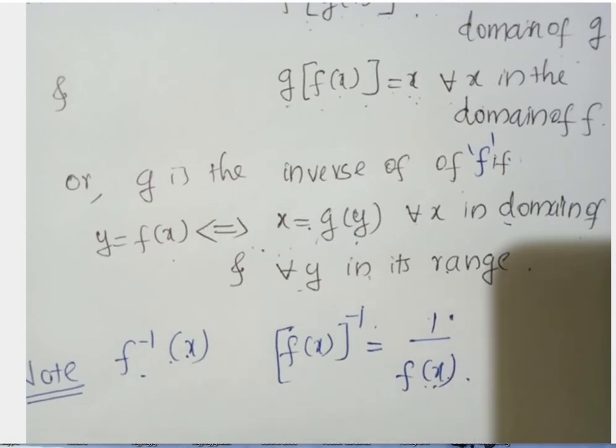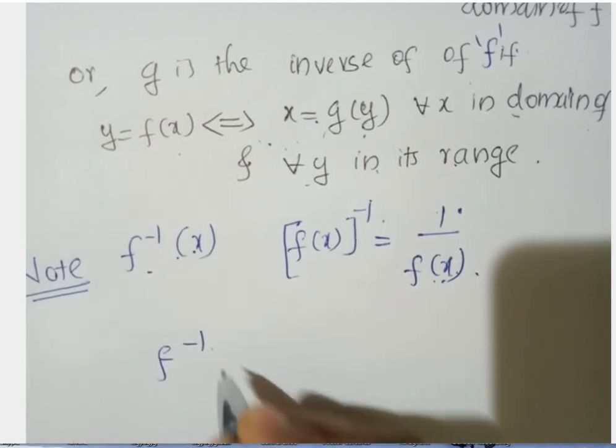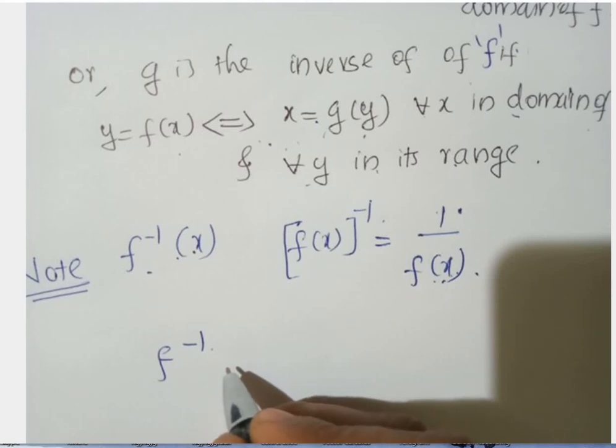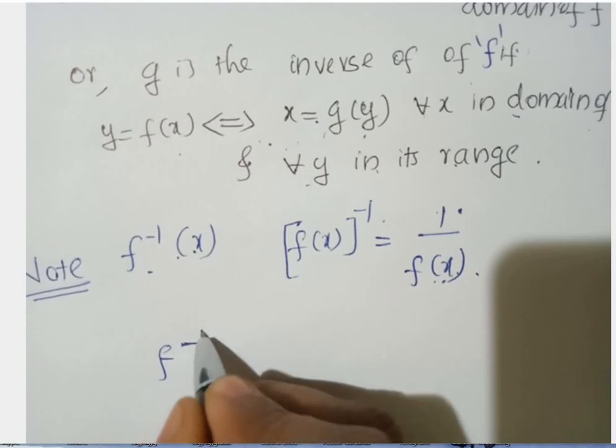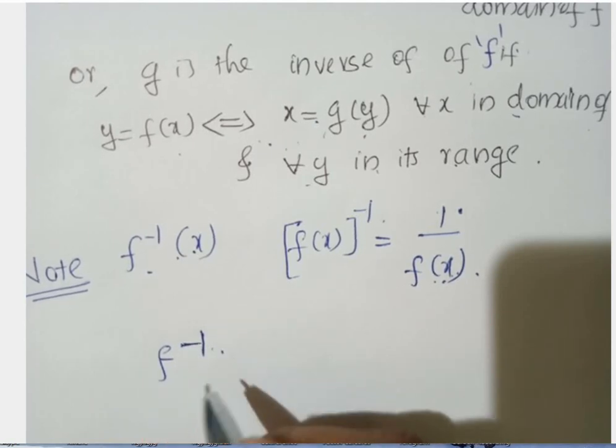The inverse of a function is normally denoted by f inverse and is read as f inverse. We will not always use this notation.